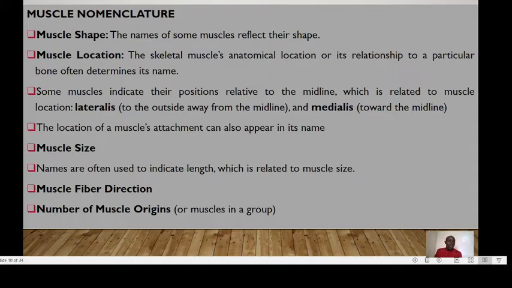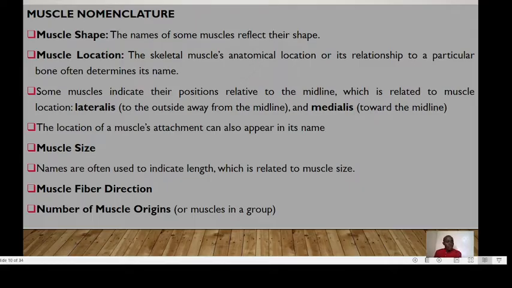Okay, so on muscle nomenclature, we normally name muscles based on different characteristics. We could have the muscle shape, where the names of the muscles reflect the shape, or the location, where the skeletal muscle's anatomical location or relationship to a particular bone often determines its name. Some muscles indicate their position relative to the midline, which is related to the muscle location. So we have lateralis, which means a muscle towards the outside of the midline, and medialis towards the midline.